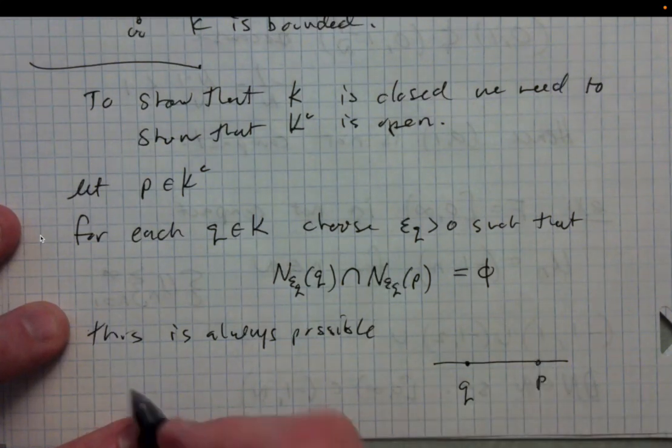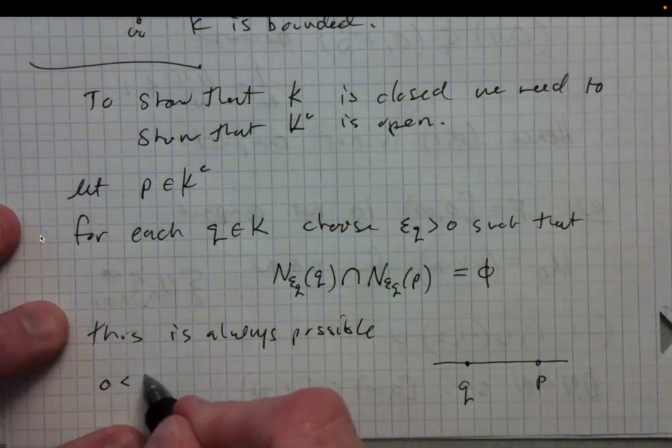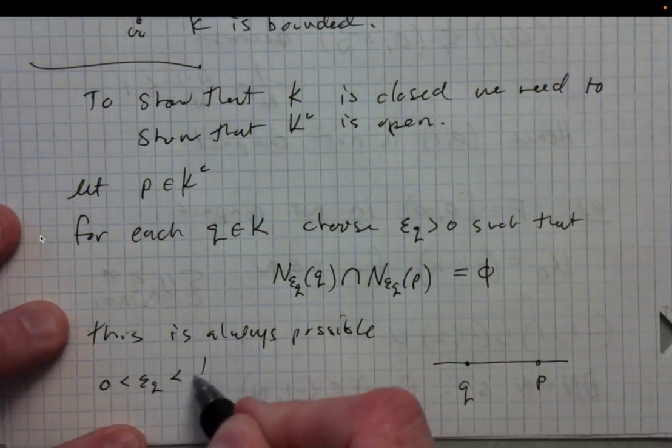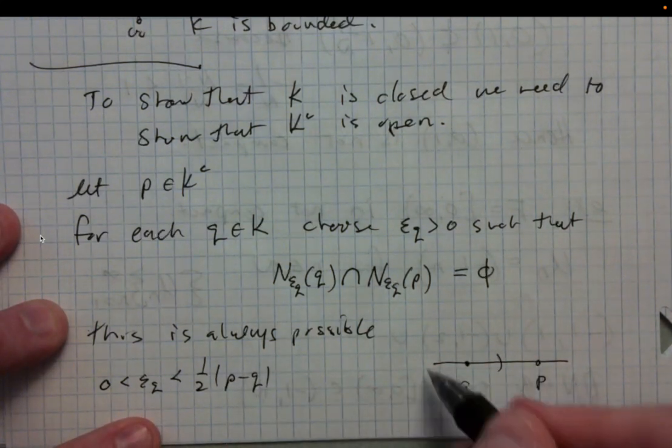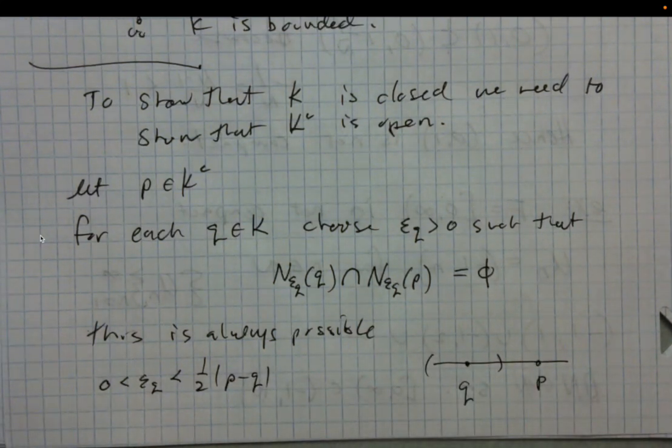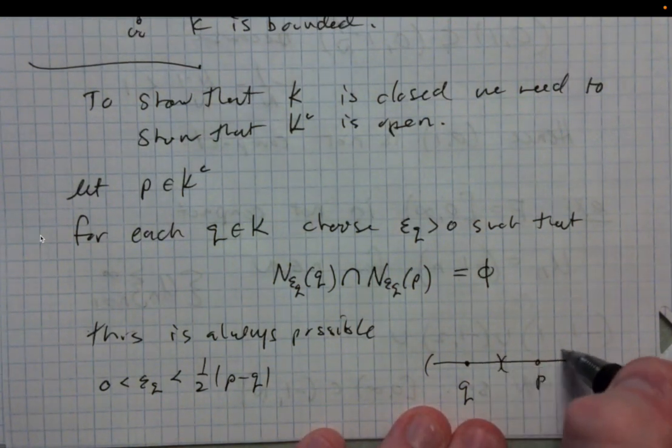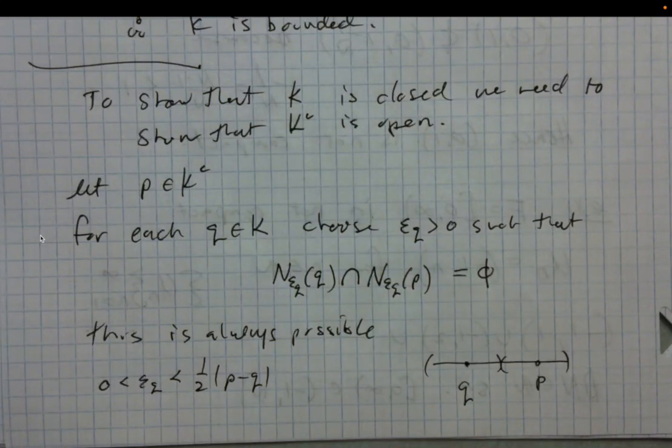It's always possible for me to choose 0 less than epsilon Q less than 1/2 the distance between the two. That's going to put my epsilon Q neighborhood of Q there, and obviously it doesn't include the same epsilon neighborhood of P. They don't overlap. Okay, so it's always possible to do this.